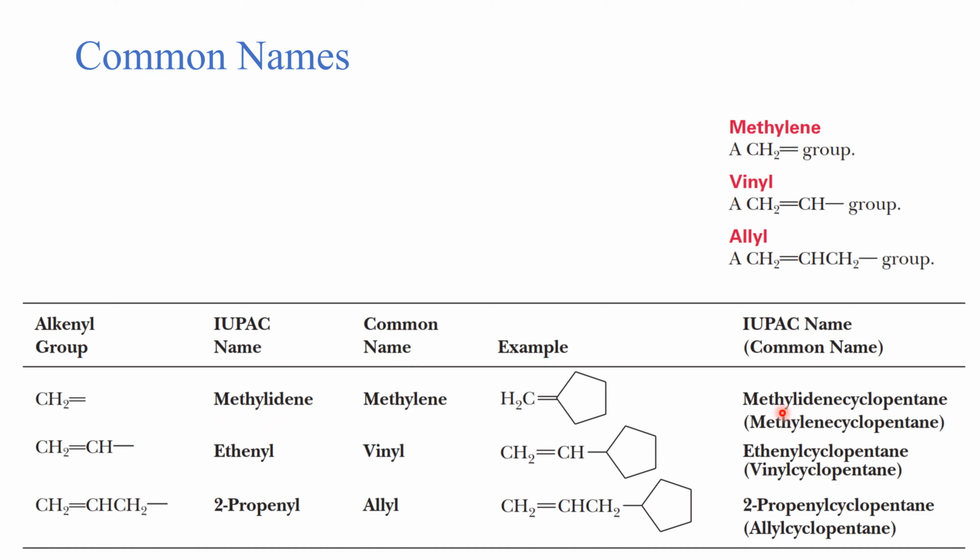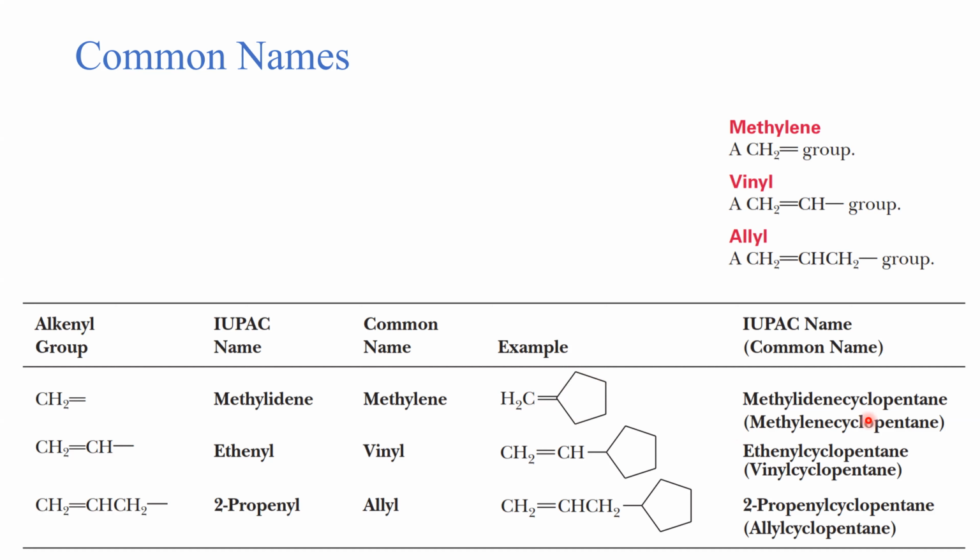So how will we name that one? Here this is a cyclic structure. For a cyclic structure we use the prefix cyclo, and this is a 5-membered ring, so we will use pent, right? Now this 5-membered ring does not have any double or triple bond. This double bond is outside the ring structure, right? So it means this is an alkane.